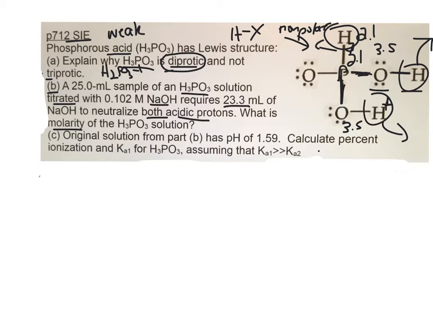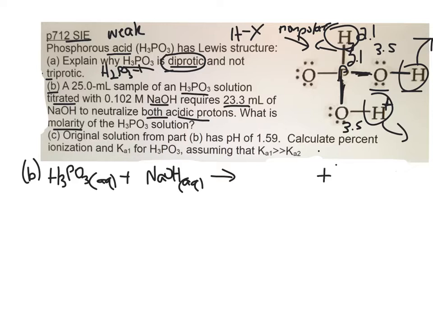So the first thing we have to start with in letter B is the balanced equation of what's happening here. So you got your H3PO3, right? And they've added some sodium hydroxide, right? And we know that's going to titrate it, okay? And the products that you form will be obviously a salt and water.